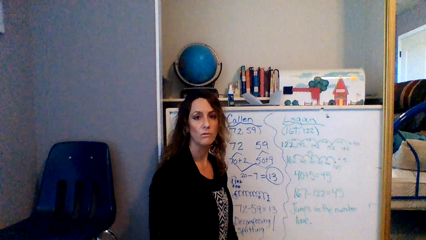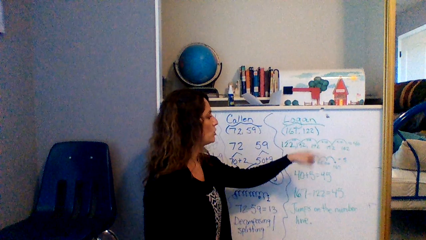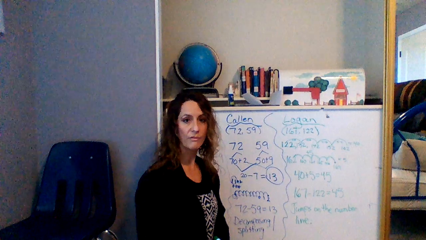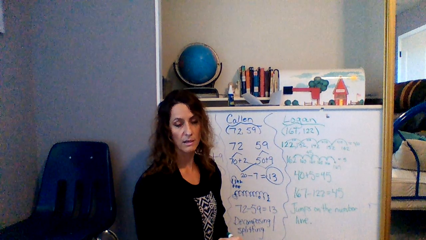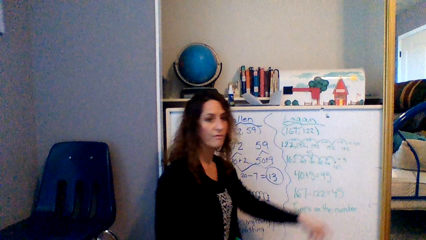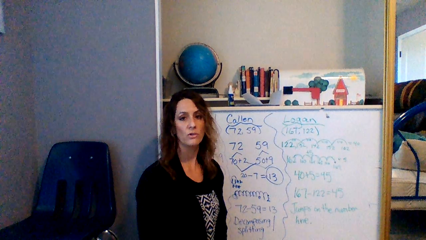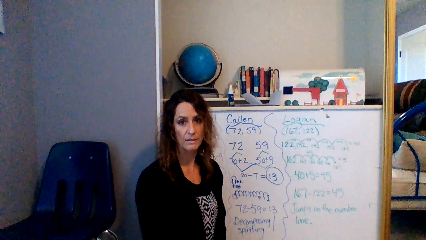Okay, he kind of created his own number line, and he did those jumps. First, he did his jumps of 10, and then he finished it off by doing his jumps of ones. And he realized that he needed 45 jumps in between 122 and 167.